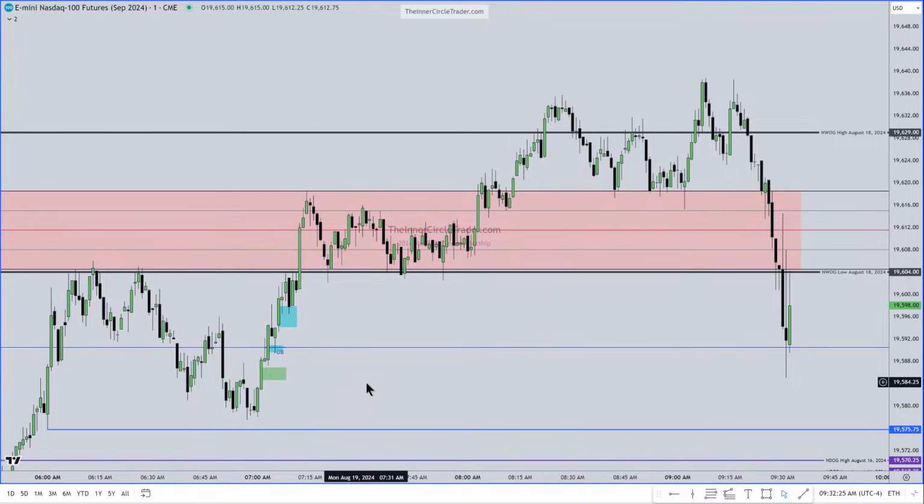Okay. So we just came back up, hit the new week opening gap low here. And you can see there was a response off the lower quadrant on the opening range gap, which is shaded here in pink. We just banged the bottom of the opening range gap low again.